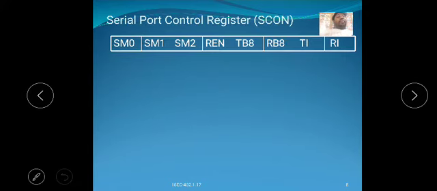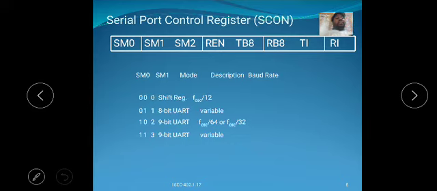The serial port control register is an 8-bit register. From LSB to MSB: RI, TI, RB8, TB8, REN, SM2, SM1, SM0.